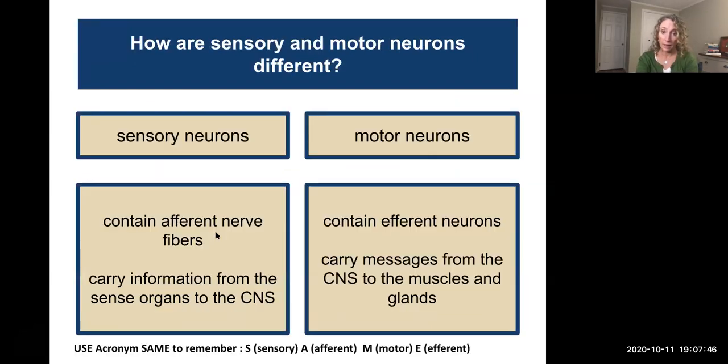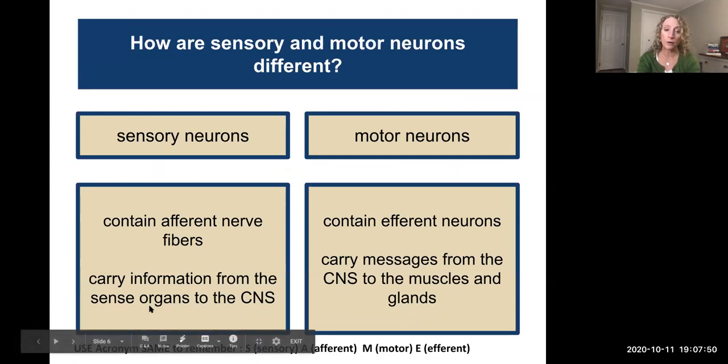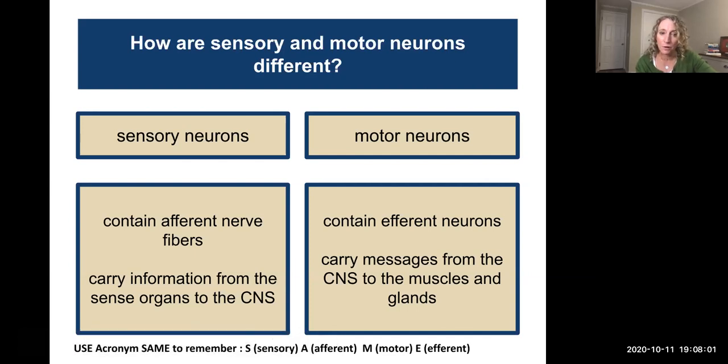I have an acronym that I use sometimes to help me remember. The acronym is SAME, S-A-M-E. S is for sensory neurons, and the A is another name for sensory neurons, which is afferent.